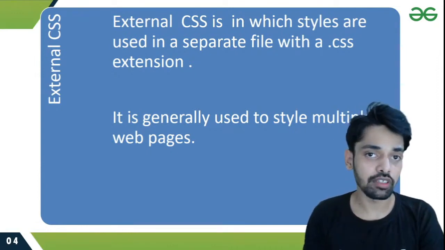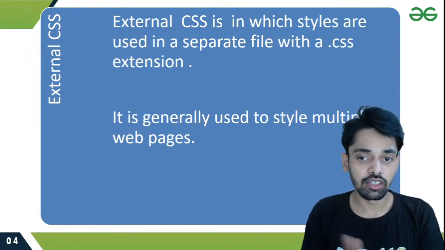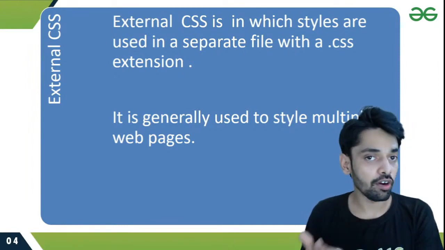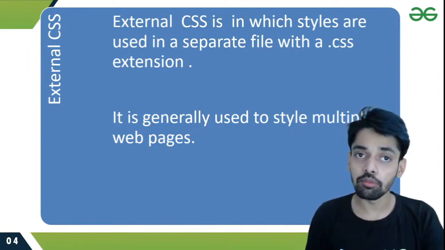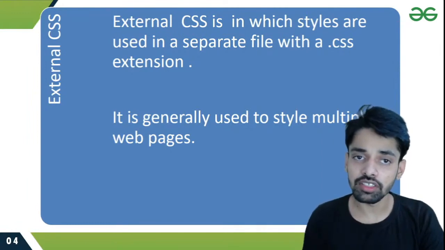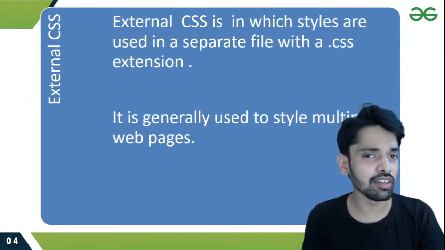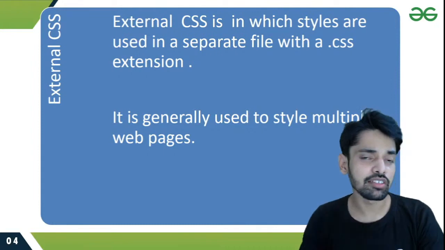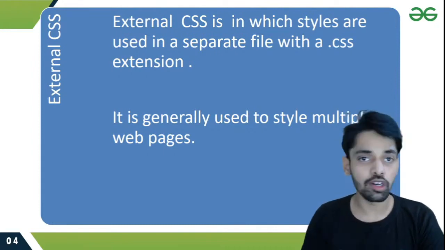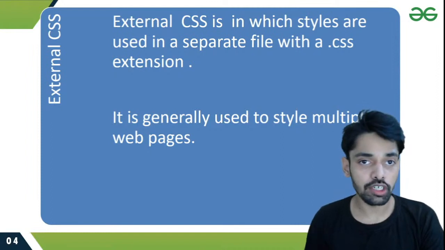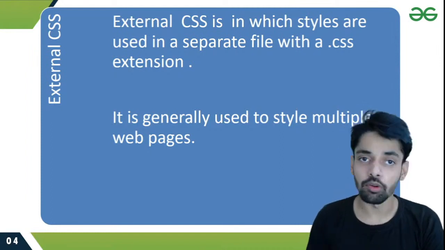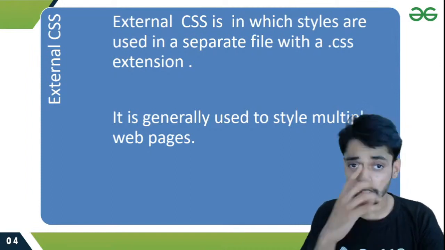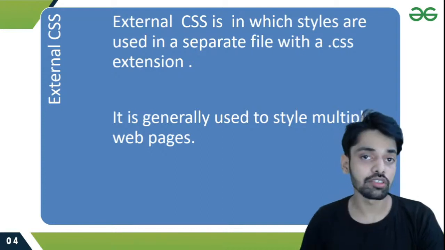That is the CSS file path, the name of the file, and .css extension with it. Okay. It is generally used to style multiple web pages. Suppose you have one single web page, and you can use the internal styling also. But I would recommend just go with the external CSS, because most of the time when we work on a project or work in a development environment, you are going to create a specific style page, I mean style sheet for it.